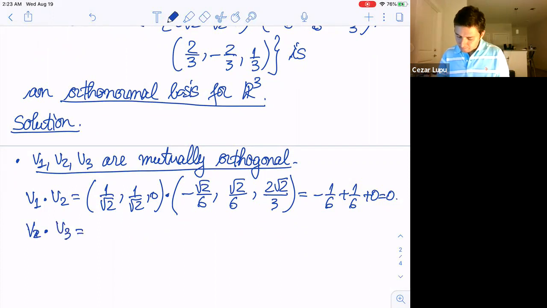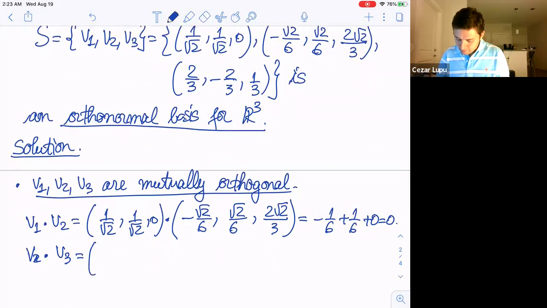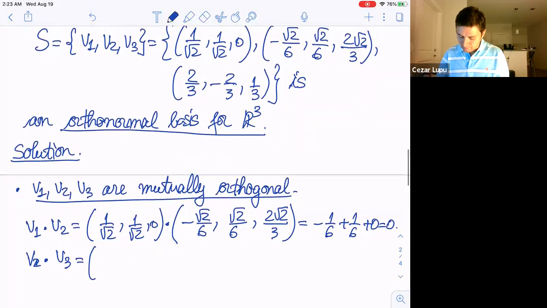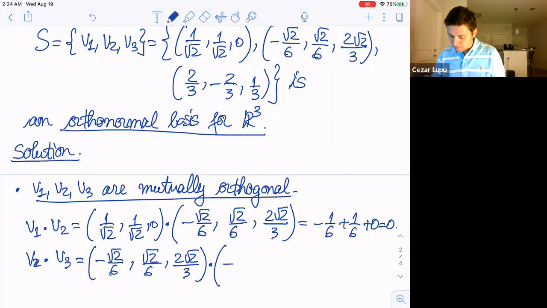This will be negative square root of 2 over 6, square root of 2 over 6, 2 square root of 2 over 3, dot 2 over 3, negative 2 over 3, 1 over 3.